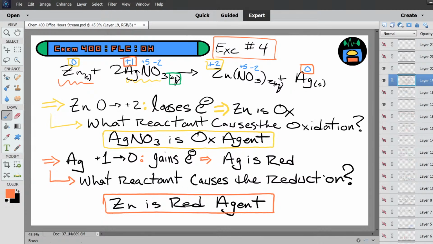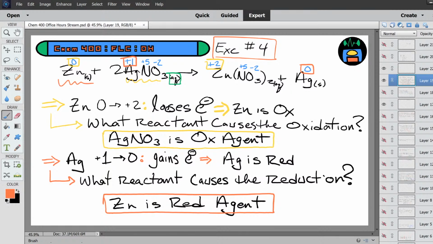So that is an example of these kind of longer problems at the end of exercise 4. First you assign the oxidation states, find the ones that change. That'll give you the substance.